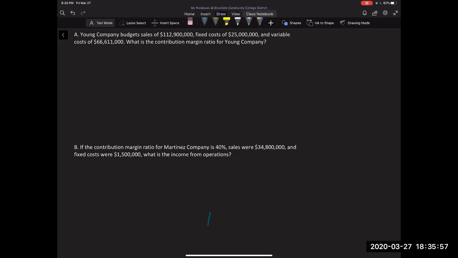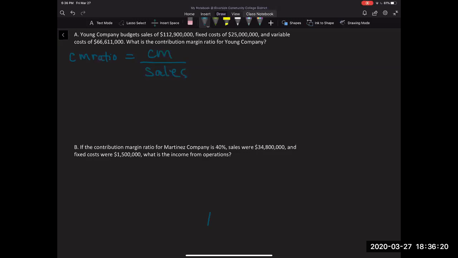To tackle this, let's first start with what we know. The formula for the contribution margin ratio equals my contribution margin divided by my sales, right?